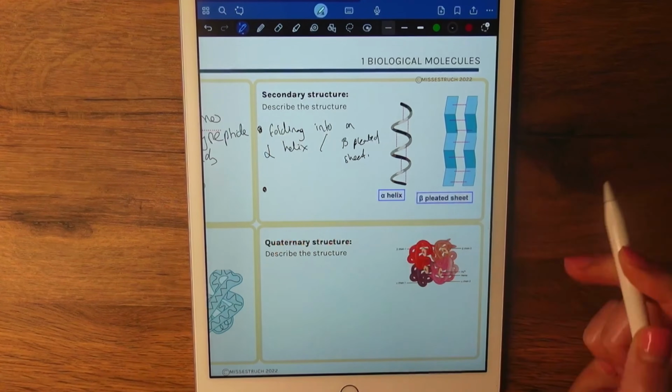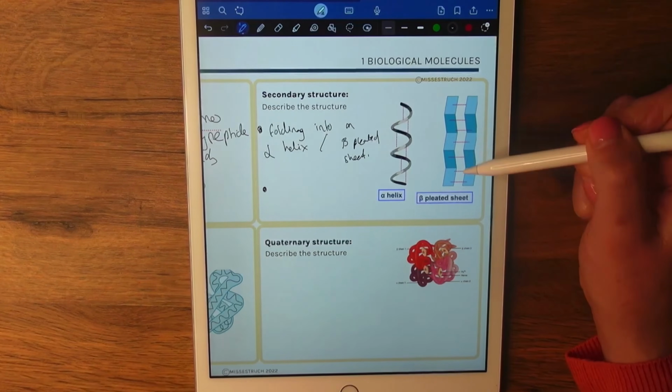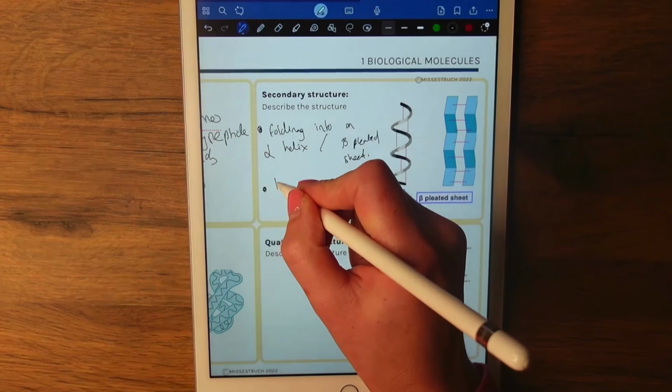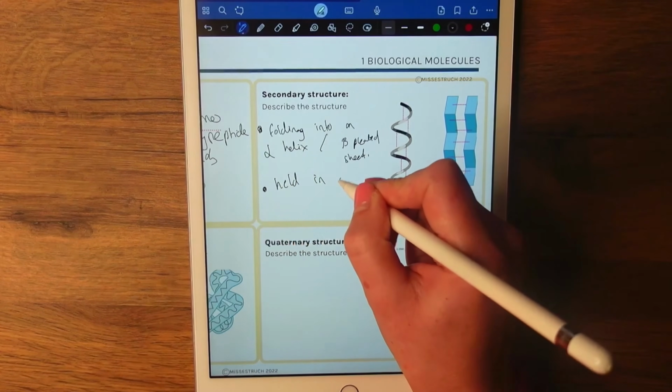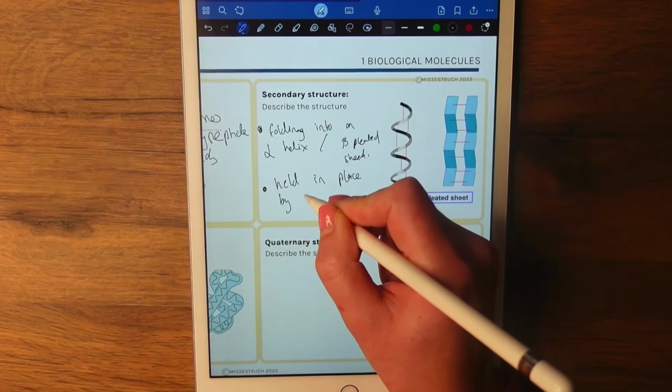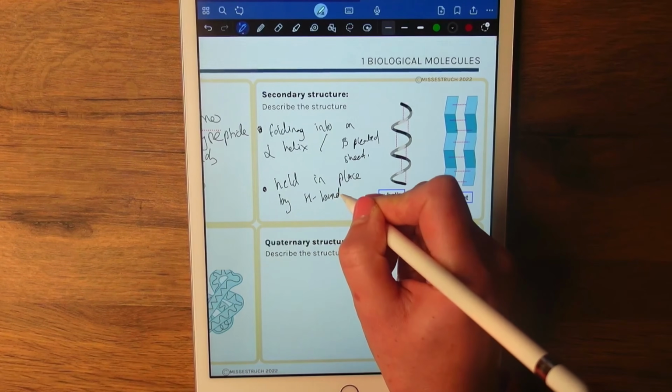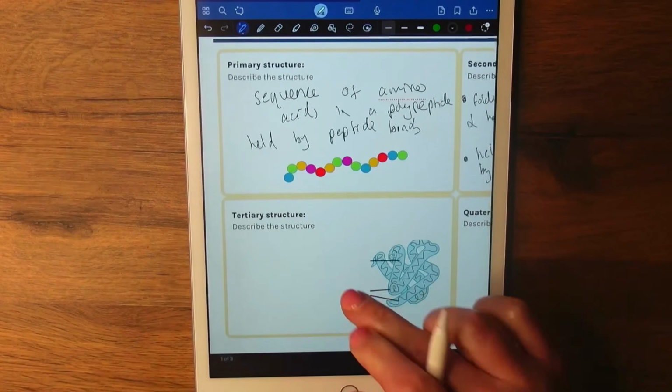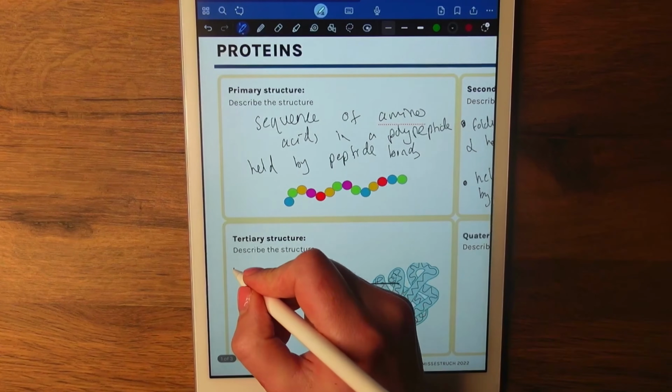And then your second mark is to say what holds it in place, and that's what these pink dashed lines are showing: held in place by hydrogen bonds.